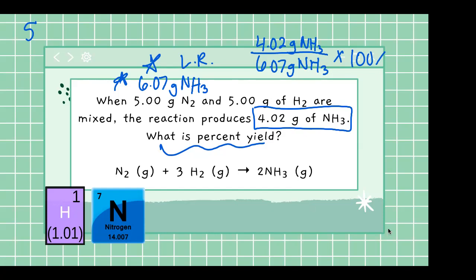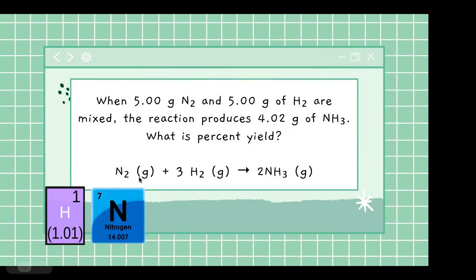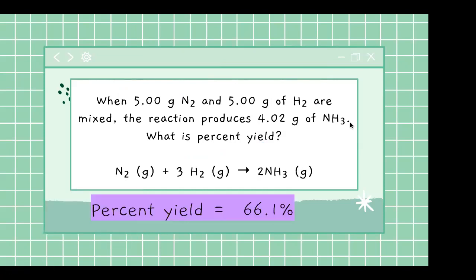Okay, any questions? Because this is basically it. We just plug this into the calculator. So we have 4.02 divided by 6.07 times 100, which is 66.1%.